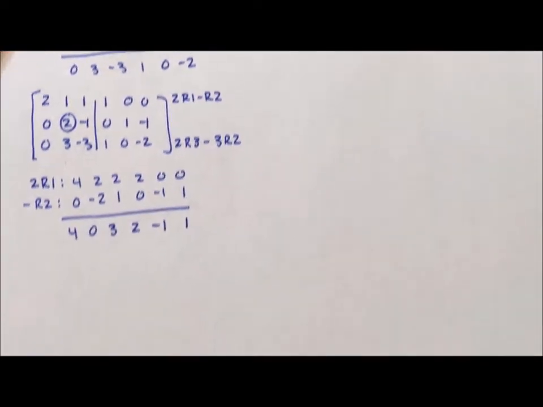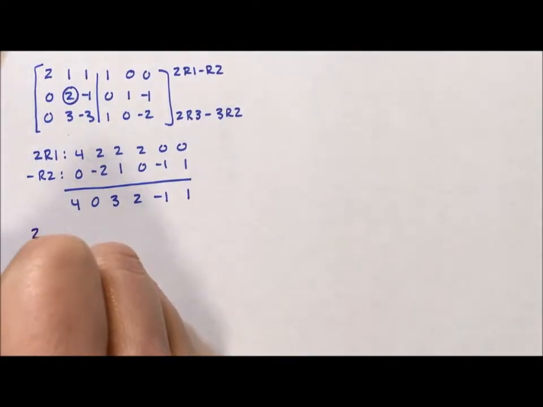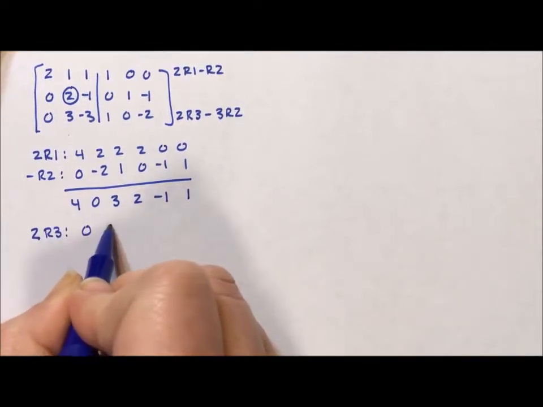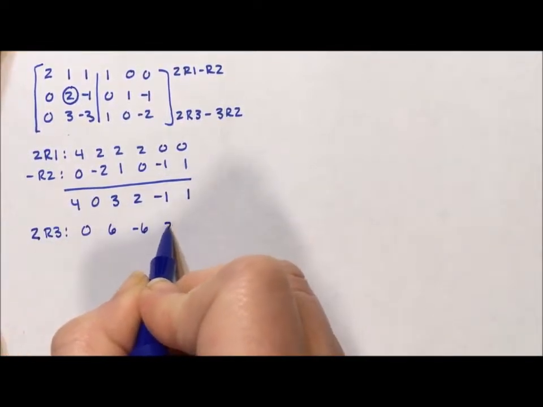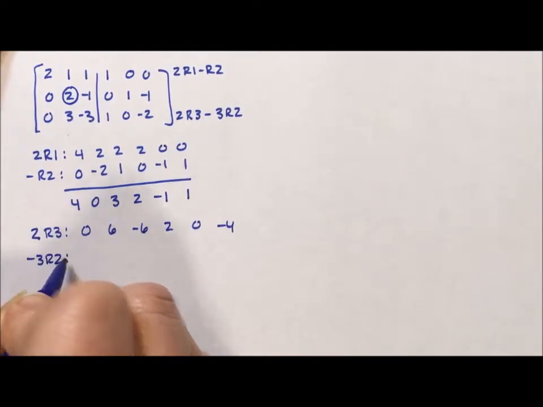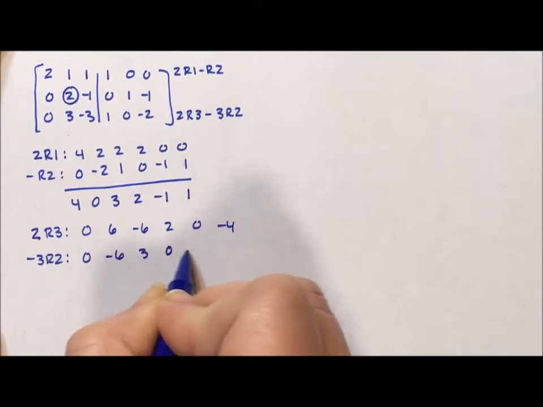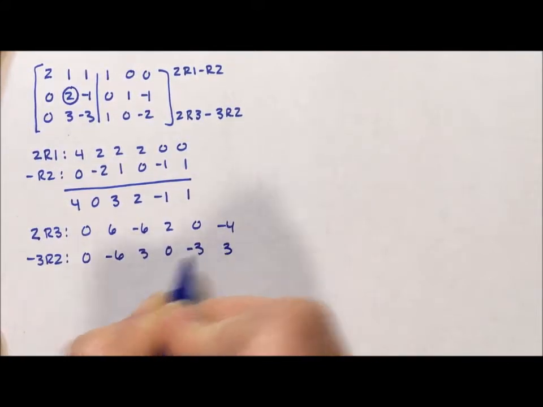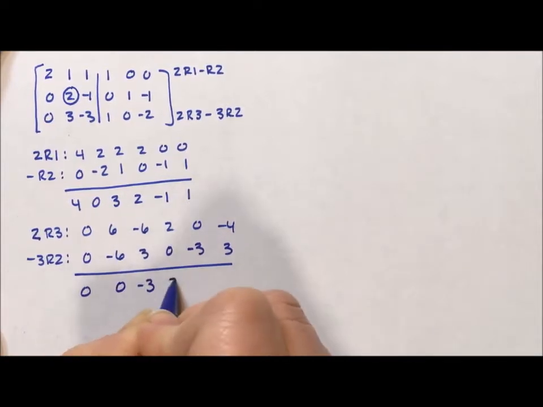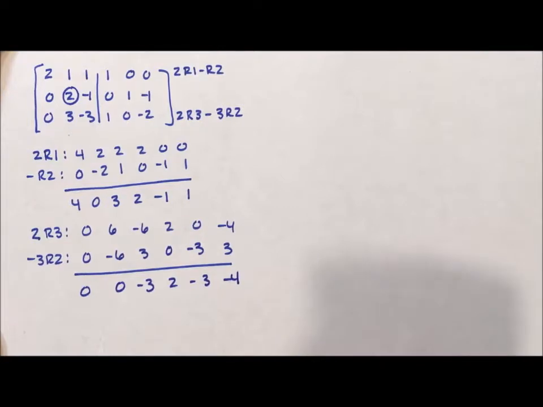Then I'm going to take 2 times row 3, 0, 6, negative 6, 2, 0, negative 4, and minus 3 times row 2. So 0, negative 6, 3, 0, negative 3, 3. Add down, 0, 0, negative 3, 2, negative 3, negative 4.